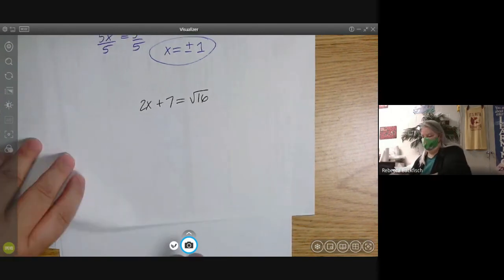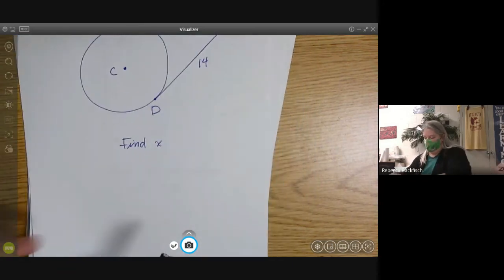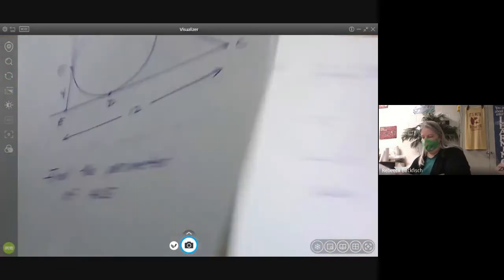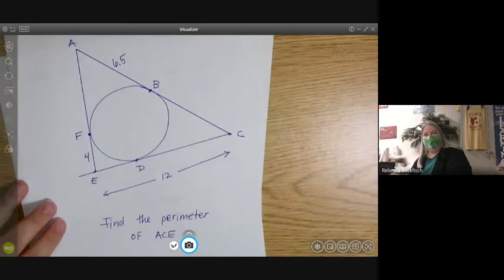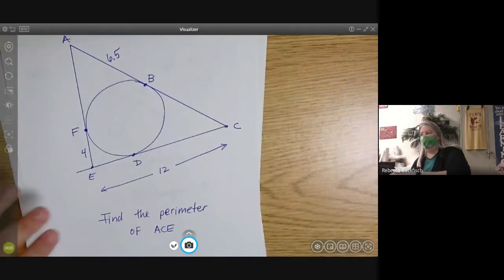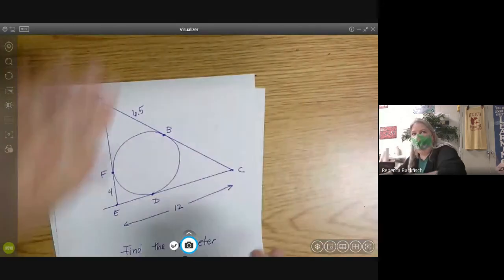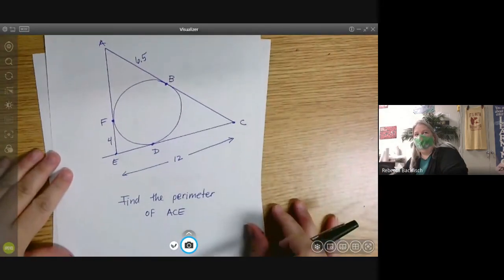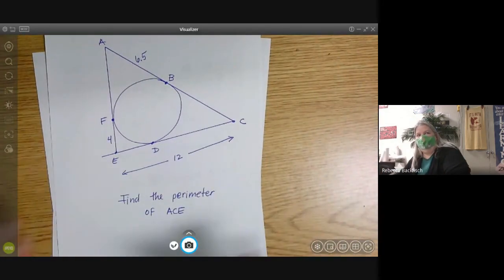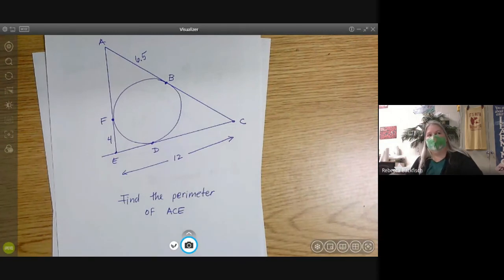Okay, last one and the most interesting of these extra problems. I wrote these so big it makes it hard to show it all well. You are finding the perimeter of triangle ACE, the circumscribed triangle.